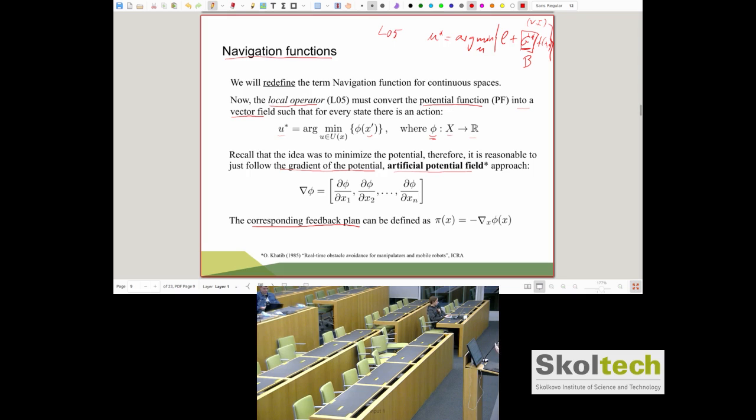You can think about it also as some sort of vector field, right? So this is just a derivative of the potential in this case with respect to each of the coordinates. And this is giving us a policy. It's not optimal, right? But well, we will discuss later. Maybe we find a way of finding this optimal. But the only thing we need to do is just follow the gradient, right? Just follow the gradient, and we know that it's going to optimize.